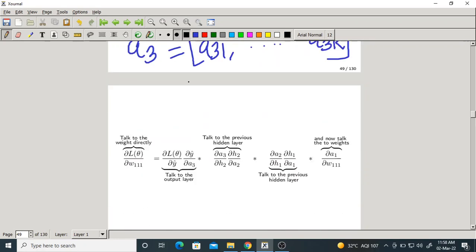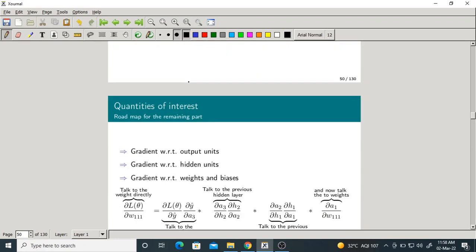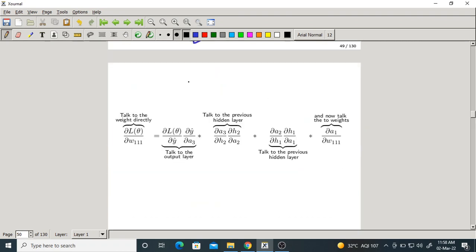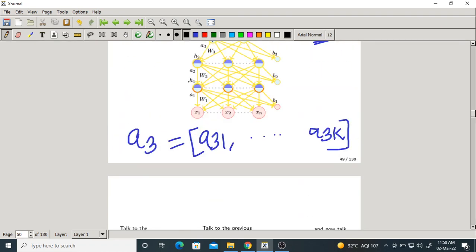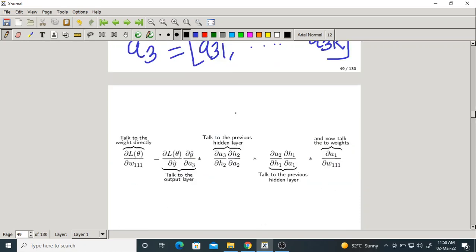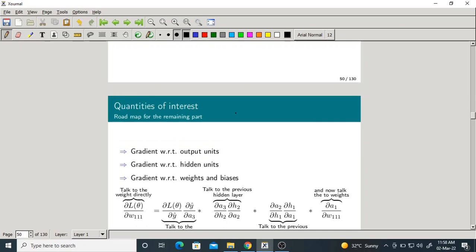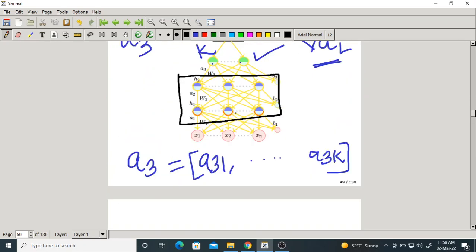Next. So gradient with respect to hidden units. What are the hidden units? These two. So hidden units means what? H2, A2. Okay. So we have to find out the gradient with respect to the hidden units. Next, finally, we have to find out the gradient with respect to the weights and biases.